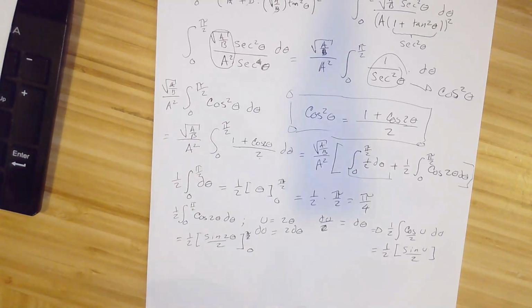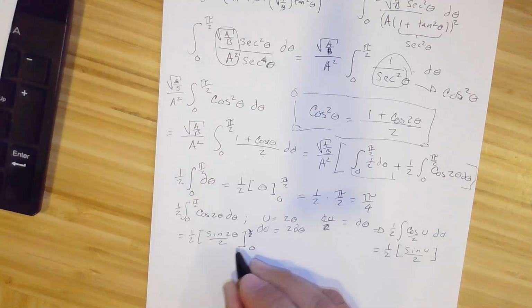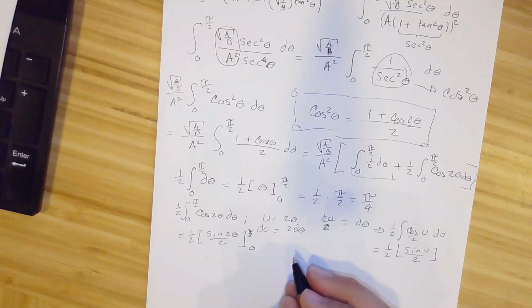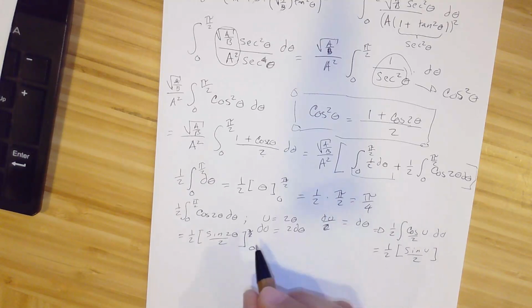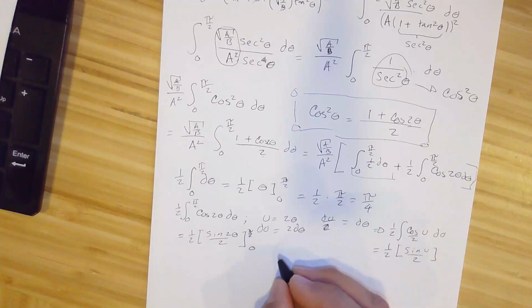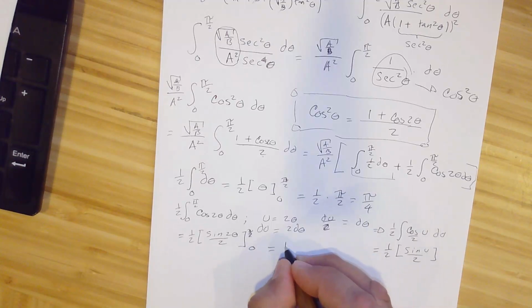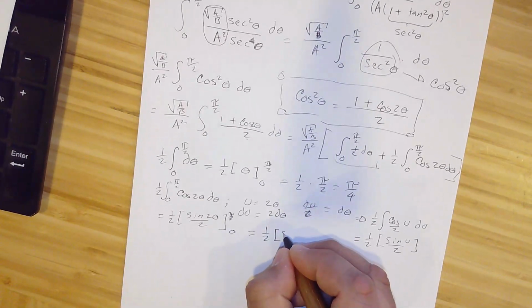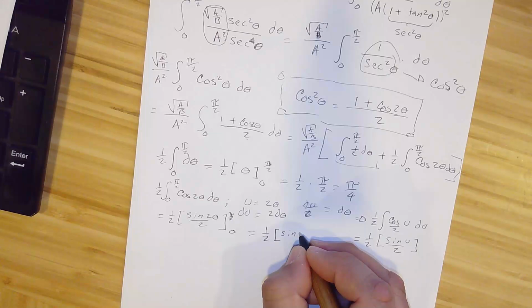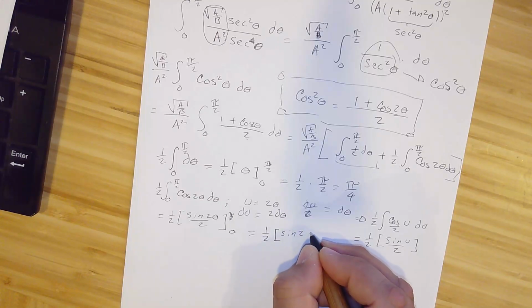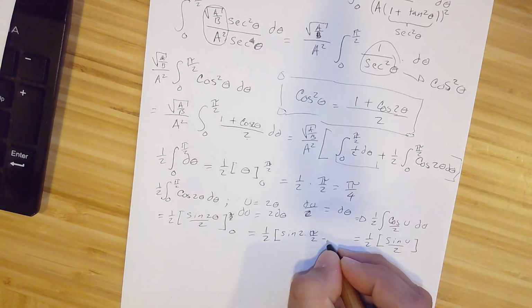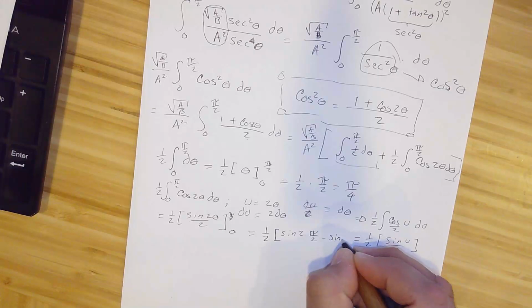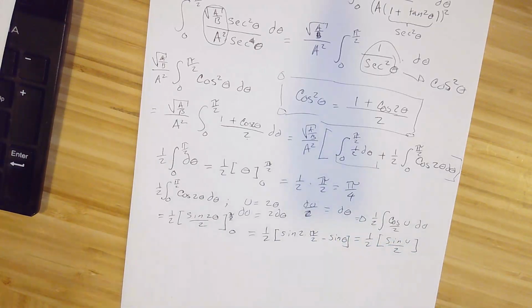But if we do this, whenever theta is 0, sine is 0, right? And whenever we put pi over 2 in here, we get sine of 2 multiplied by pi over 2, minus sine of 0, right?